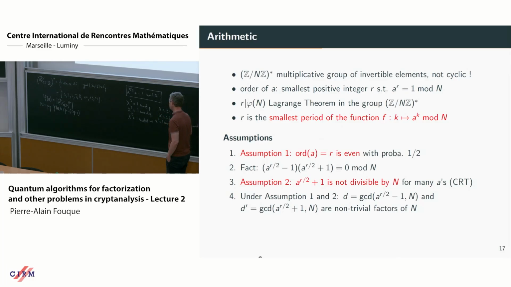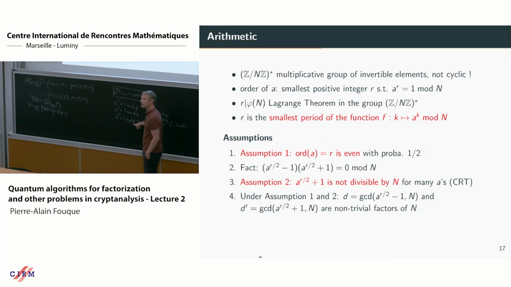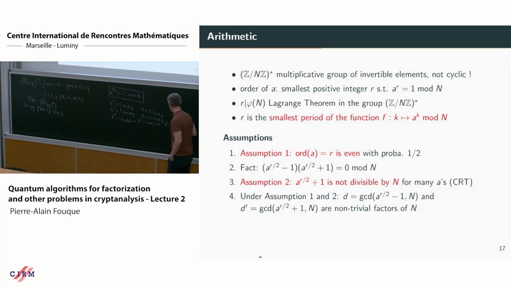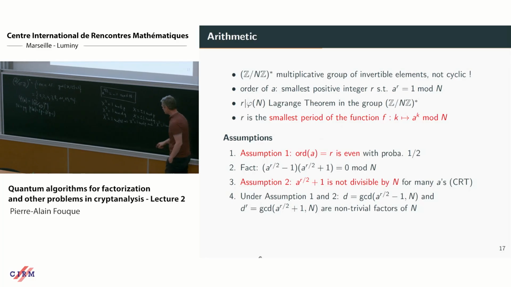Since p and q divide n, if this equation is true modulo n, it is also true modulo p and modulo q. So you have 2 solutions for this value, plus or minus 1 mod p, and for this equation, you have plus or minus 1 mod q.